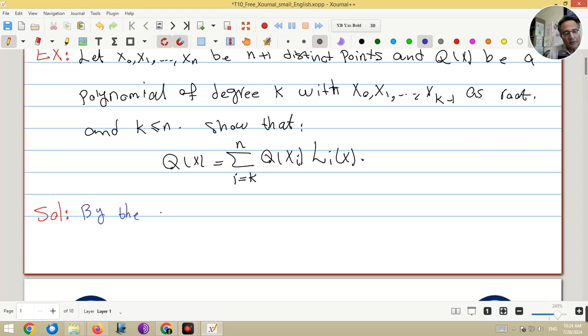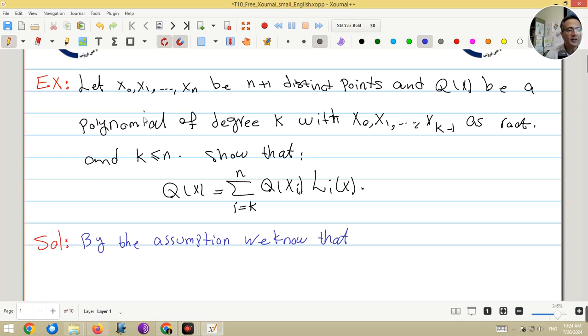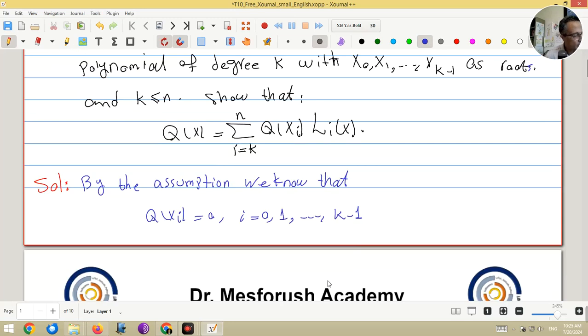By the assumption, we know that x0, x1 to xk minus 1 are roots of q of x. So q at xi equals 0 for i equal to 0, 1 to k minus 1, right? This is the assumption.